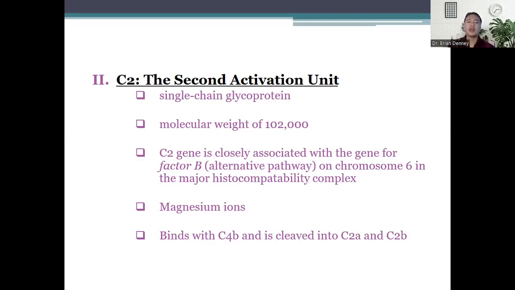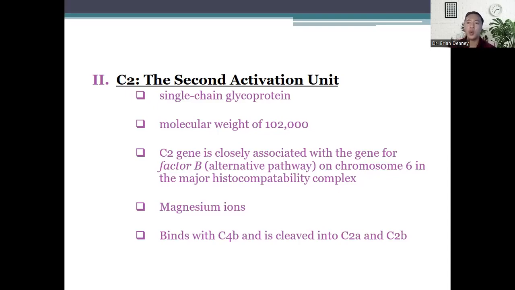C2 is associated with factor B found on chromosome 6 in the major histocompatibility complex. So I will be discussing this in the next lectures. And C4b is only able to cause proteolytic cleavage of C2 in the presence of magnesium ions. What ions must be present for C1 complex to become stable and not become dissociated? Correct.